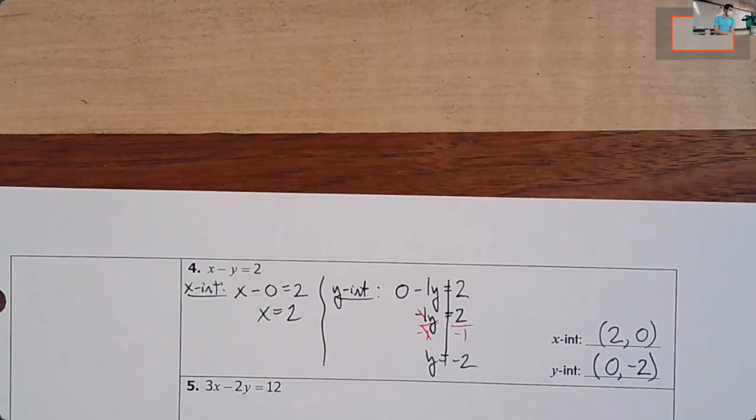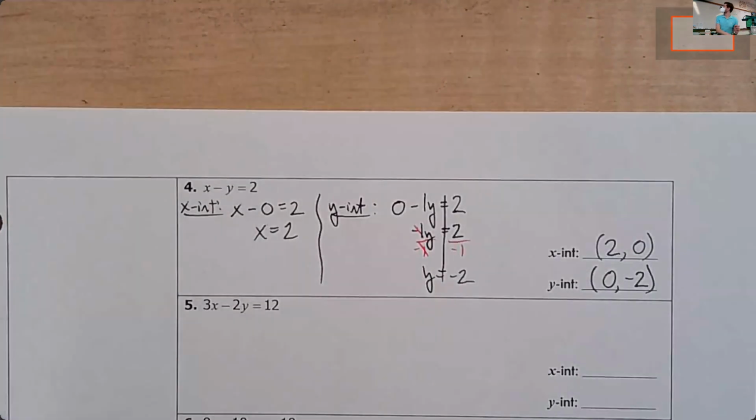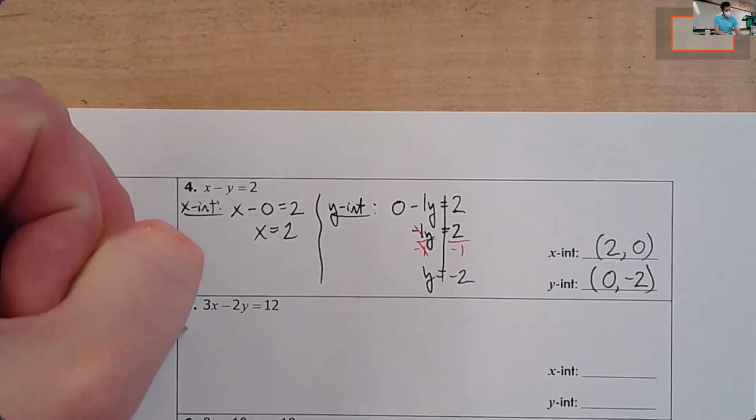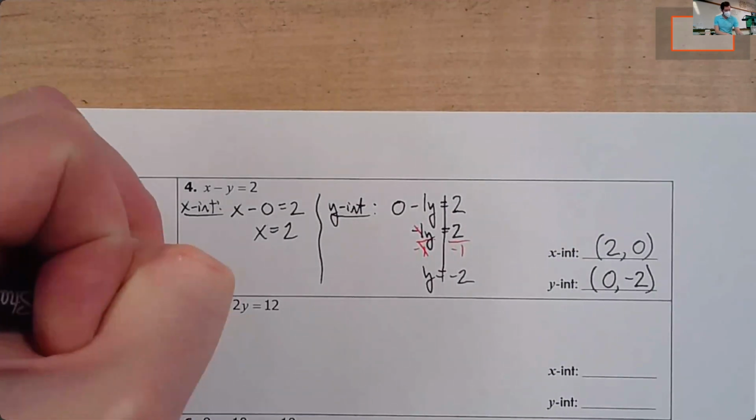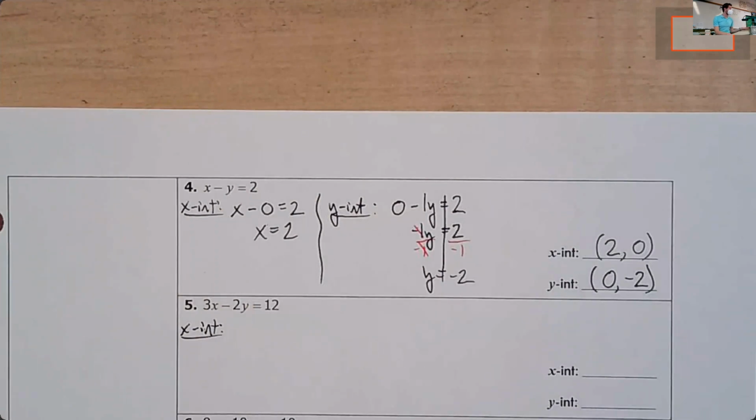In fact, when the equation is written in standard form, you don't actually have to put in the number 0 to begin with. Here's what I mean. For number 5, you got 3x minus 2y equals 12. For the x-intercept, we are replacing y with 0.